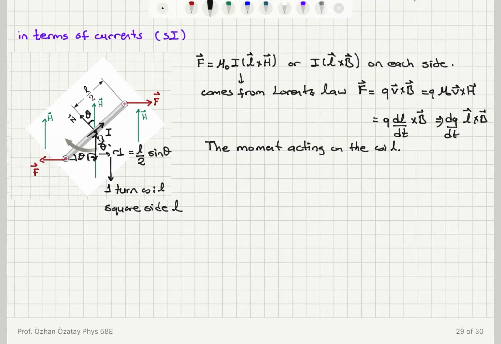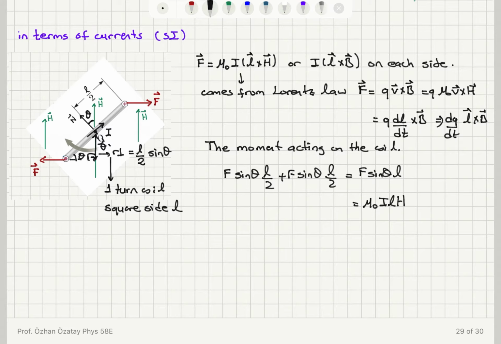So we will have the total moment acting on it, F sine theta L over 2 plus F sine theta L over 2, which will be equal to F sine theta L. And the force is mu 0 I L H, because we have the L vector and the H vector basically perpendicular to each other. L vector, remember, is defined in the direction of the current.